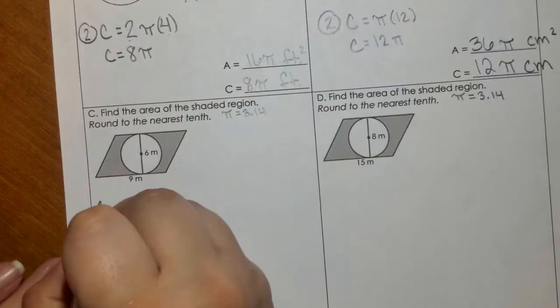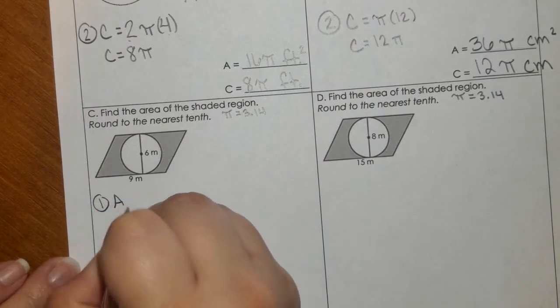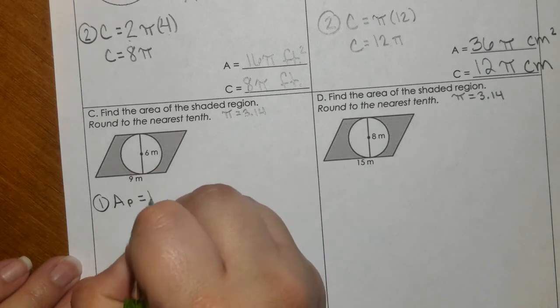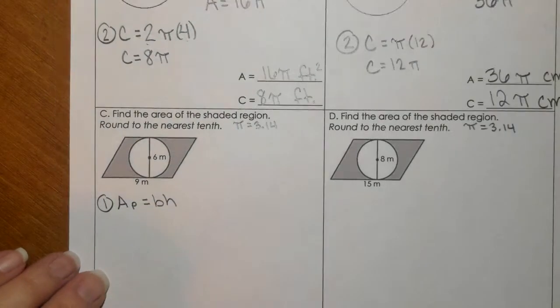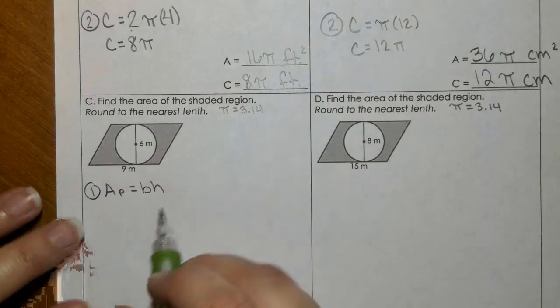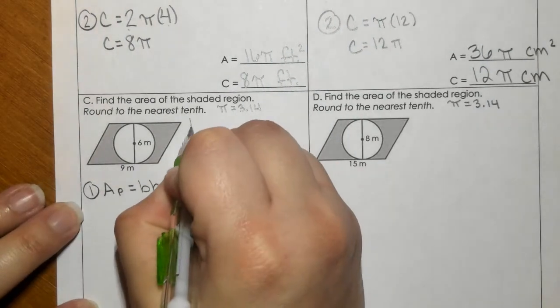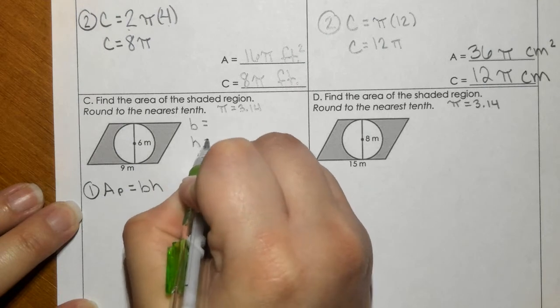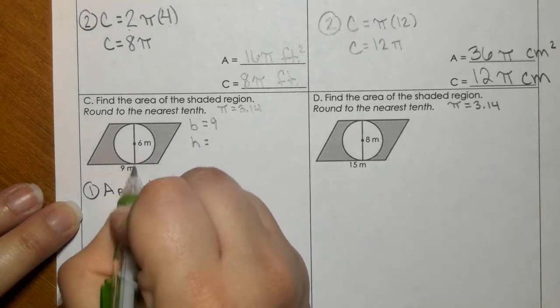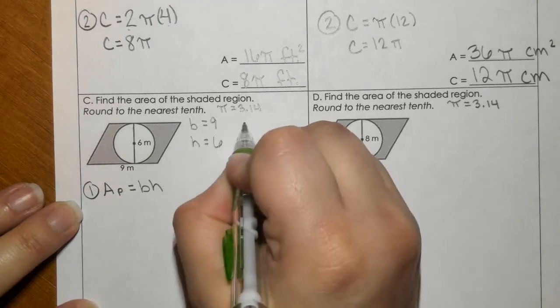So, one, we have the area of a parallelogram, which is base times height. Okay, so when you look at the base of this parallelogram, that would be your 9, and your height would be 6.